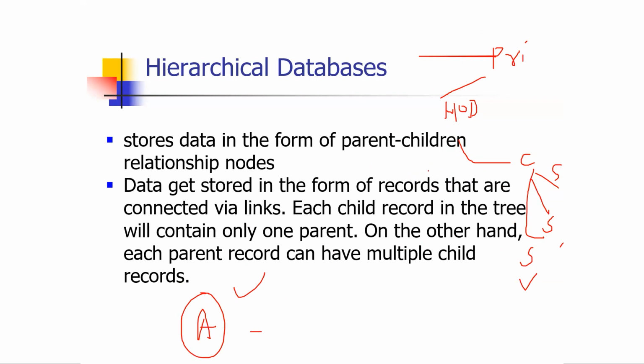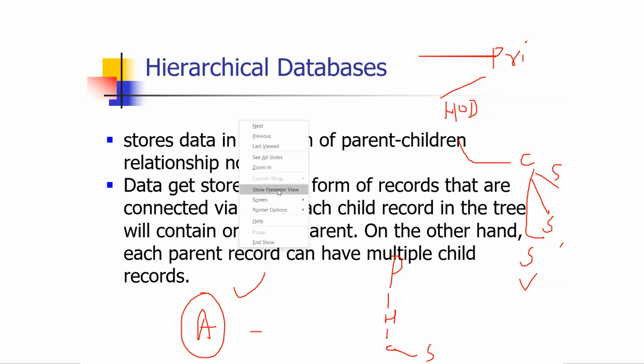So this is the hierarchical model. From principal to HOD, HOD to class teacher, class teacher to subject teacher. This is like a parent-child relationship. Understood?